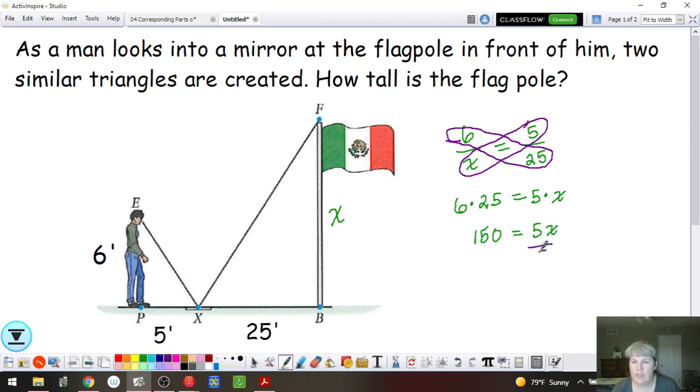Divide both sides by 5, and 150 divided by 5 is 30 feet. So our flagpole is 30 feet tall, which would make sense because 25 is 5 times more than 5, so our flagpole should be 5 times taller than the height of our person.